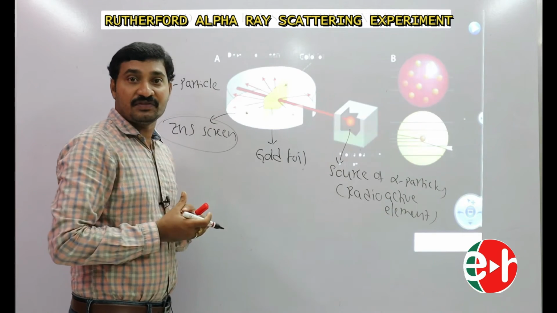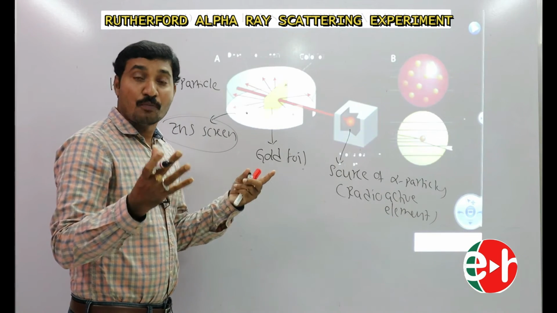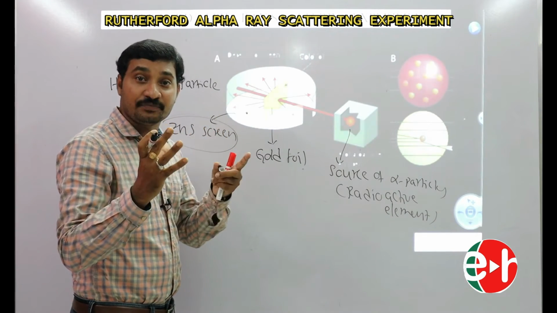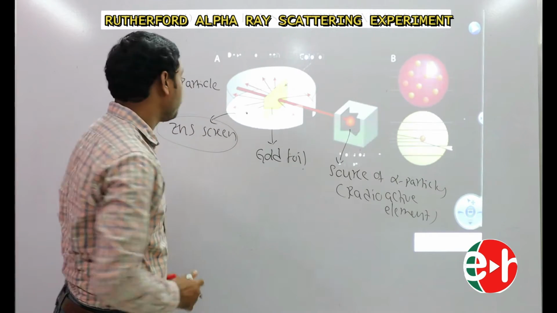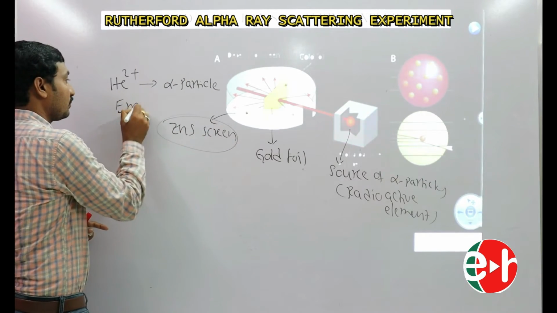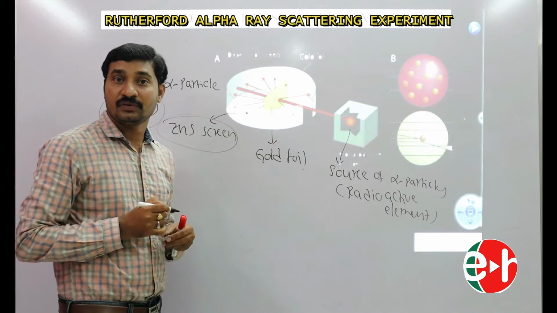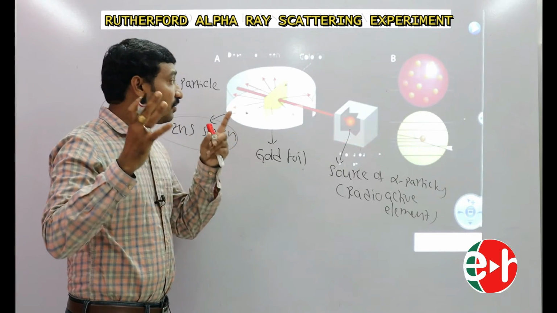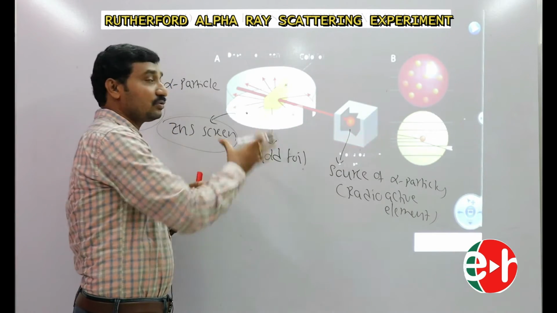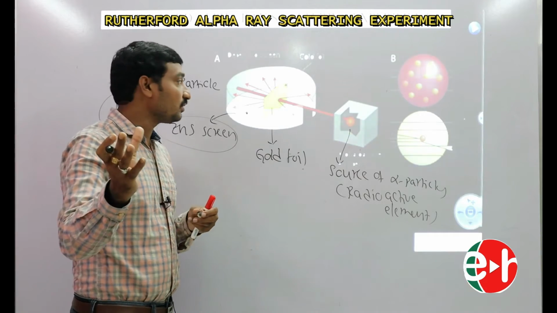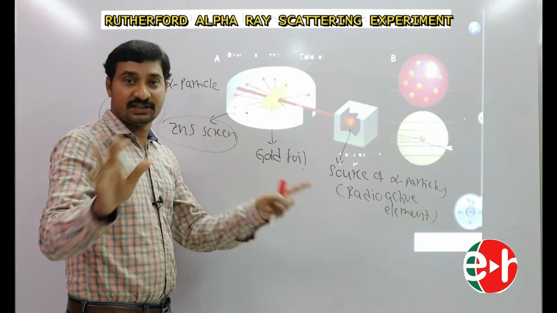According to this observation, what is the conclusion? Most of the atom is empty. That's why most alpha particles passed through the gold foil without any deflection.